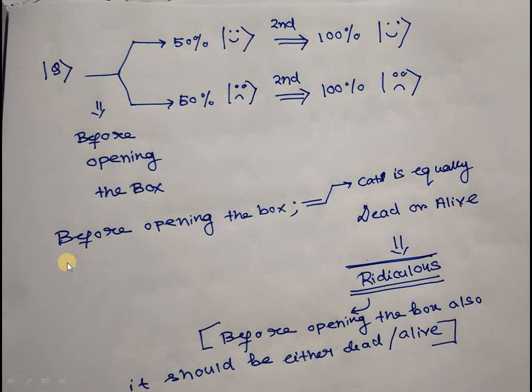This theory cannot fully explain the Schrodinger's cat experiment, and if we apply this theory to it, we reach the conclusion that the cat is equally dead and alive, which is very ridiculous. That is why this experiment is very famous. It is known as Schrodinger's cat experiment.